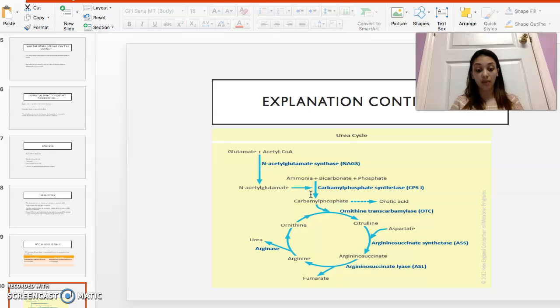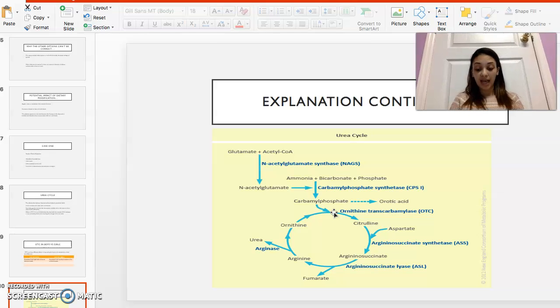Explanation continued for the urea cycle. We know that carbamoyl phosphate goes into the mitochondria, and this is all shown in the cycle over here. I know it's a little bit hard to follow, but I will explain it. After it goes into the mitochondria, it escapes into the cytoplasm. After that, it leads to the synthesis of pyrimidine, and this causes an increased amount of orotic acid in the urine.